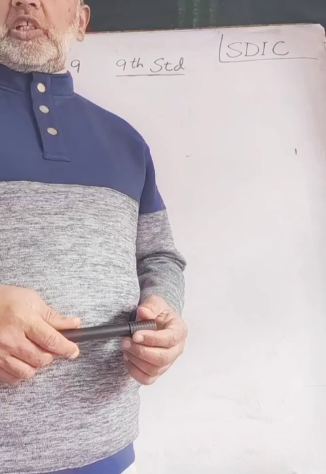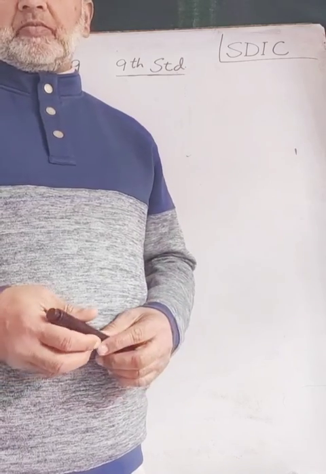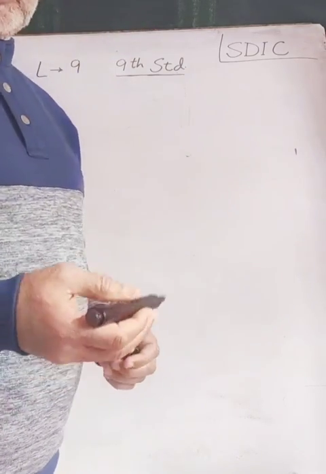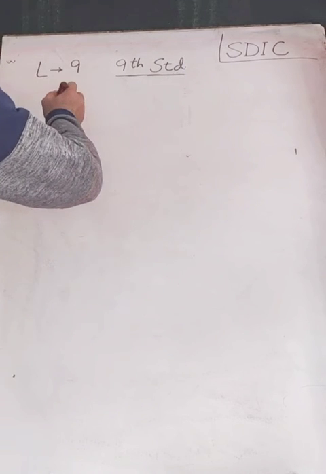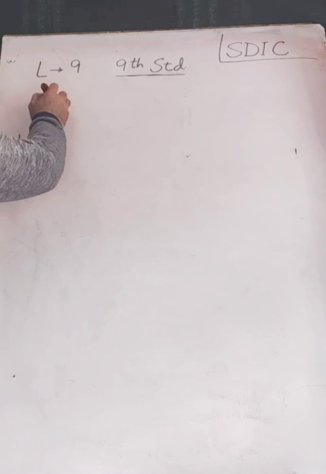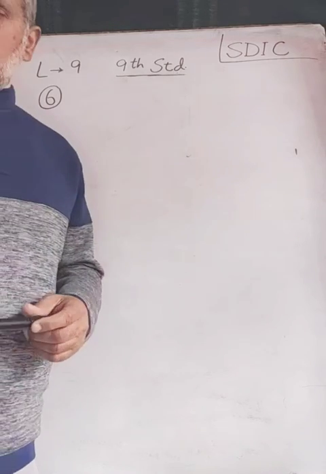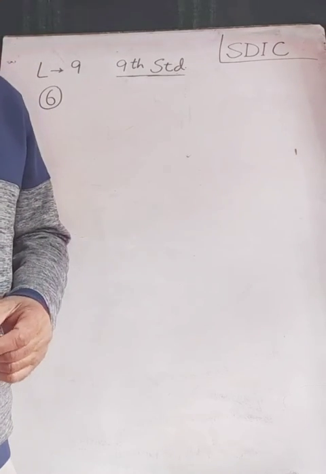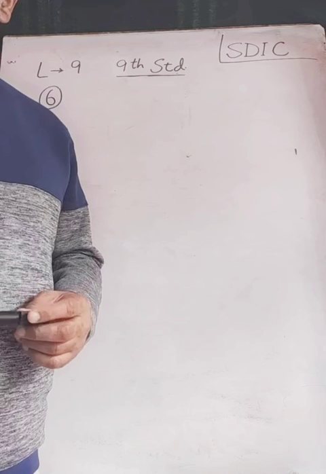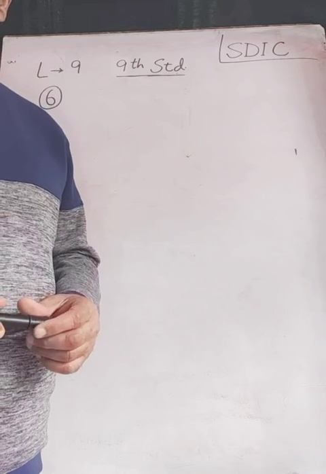We'll start the quadrilaterals chapter today. So we'll begin first with that last question, question 6 of the triangles chapter. With that, our triangles chapter will come to an end.